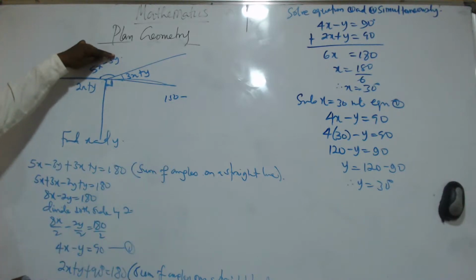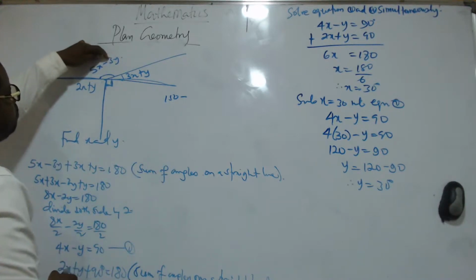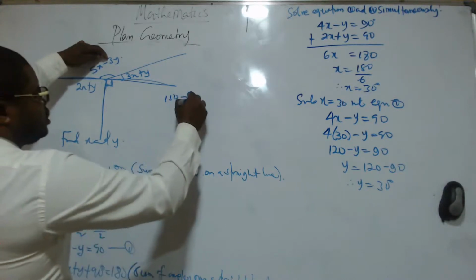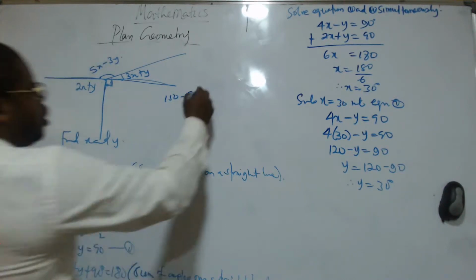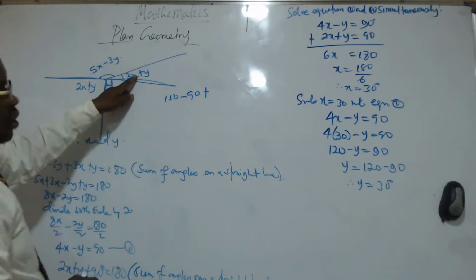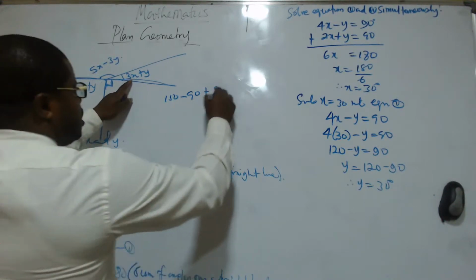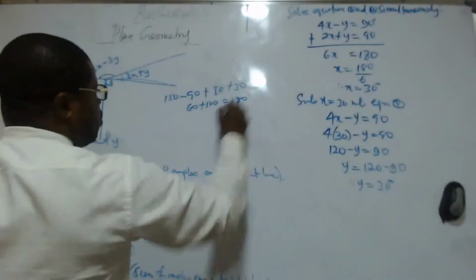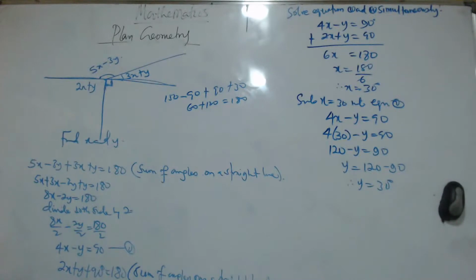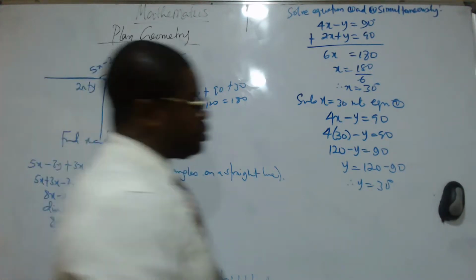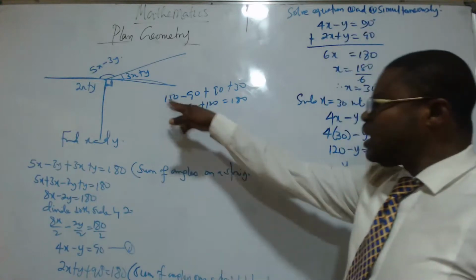Our y is 30. 30 times 3 is 90. Plus x is 30. 30 times 3 is 90. Plus, we have 180. Right? And that's angle on a straight line, which is 180. Now, if you come to this side, our y is 30, and angles at a point is 360.